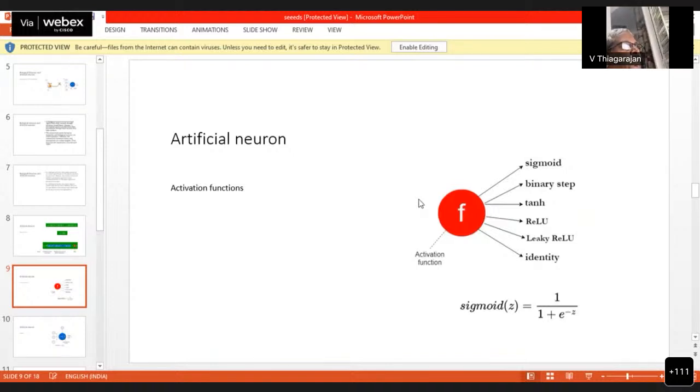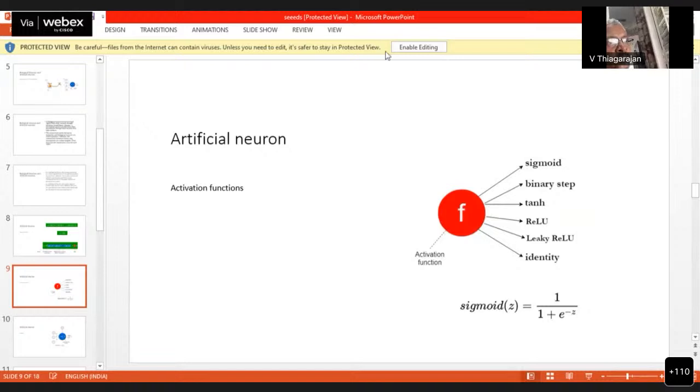There is some function called an activation function. There are many types of activation functions, so depending upon the type of application, we may choose any one of them. Sigmoid function, binary step, tanh, ReLU, leaky ReLU, identity. Like that, there are some mathematical functions.